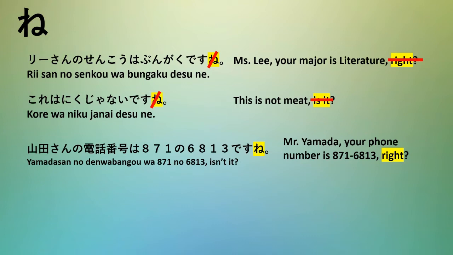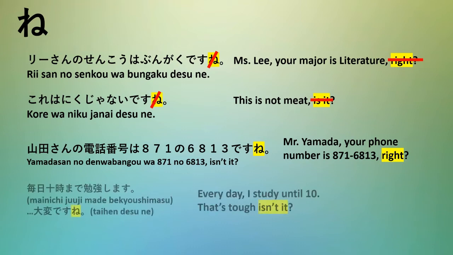Next, Yamada-san no denwa bango wa 871の6813ですね. So, Mr. Yamada, your phone number is 871-6813, right? So, you want to emphasize that his number is this number. 毎日10時まで勉強します.